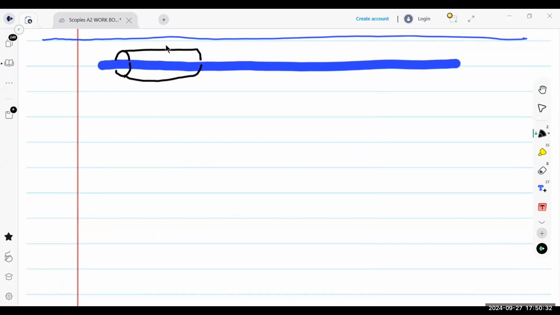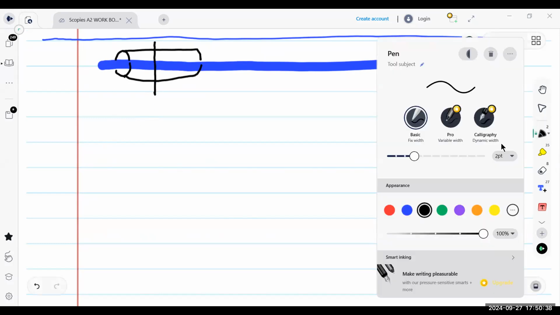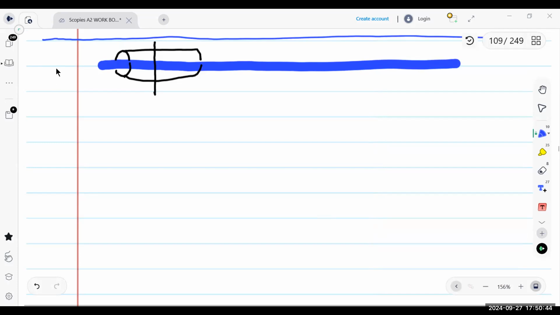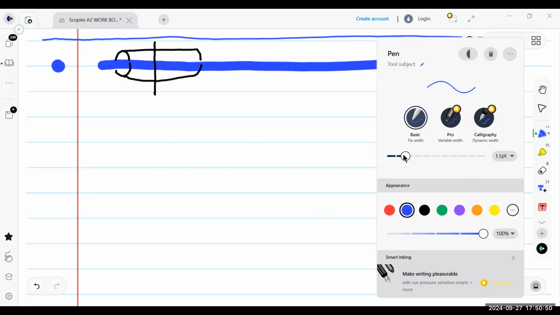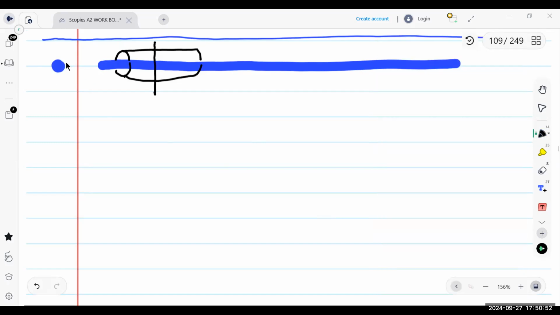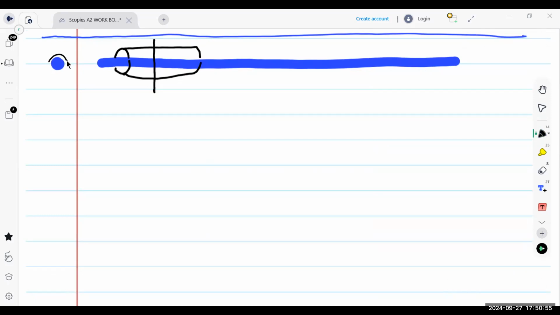For example, if we look at the cross section, meaning we cut here and look at how it looks, you will see the axon like this, and around it, the Schwann cell is wrapped like this. That's the cross section.